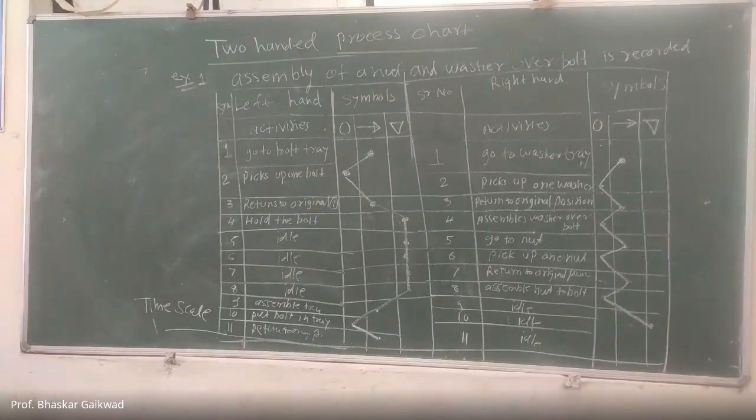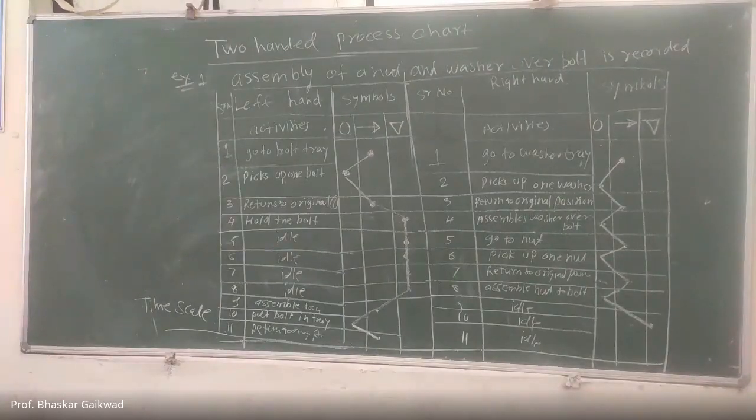But in this graphical presentation of the assembly of nut, bolt and washers, it shows that sometimes the left hand side remains idle and sometimes the right hand side remains idle. So it should not be there.